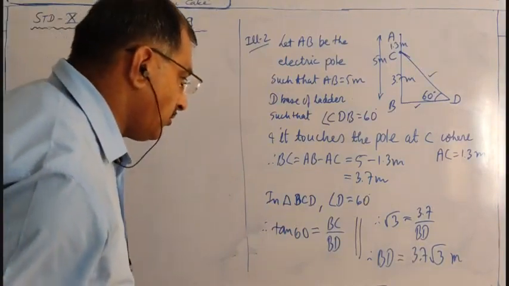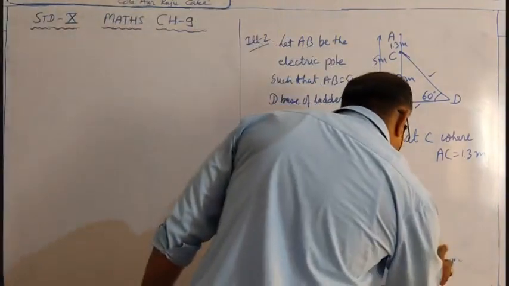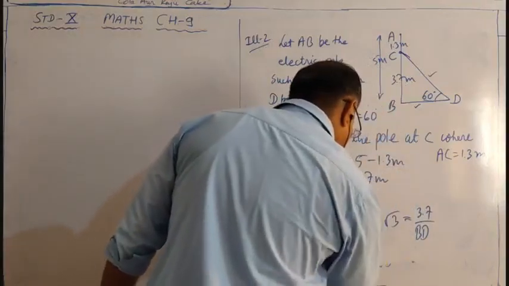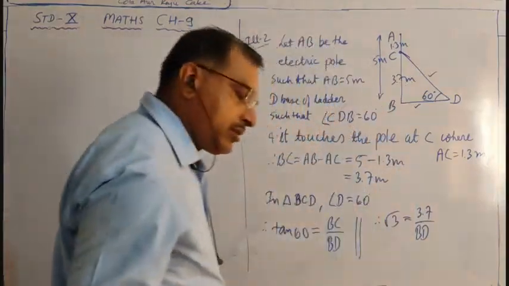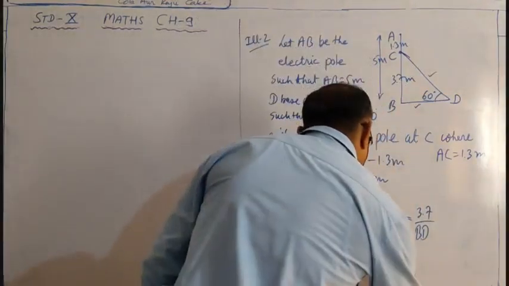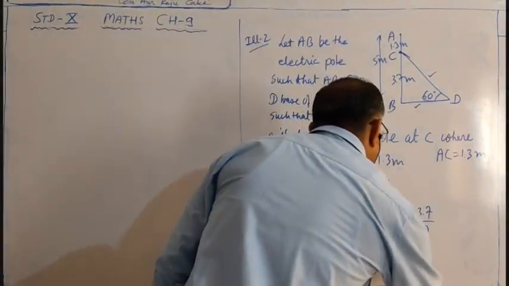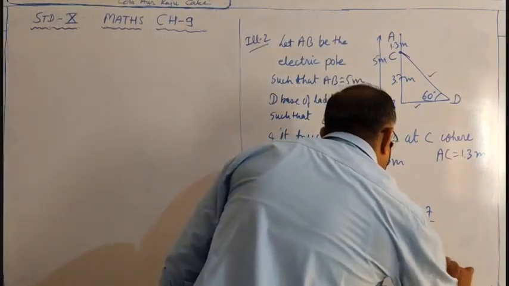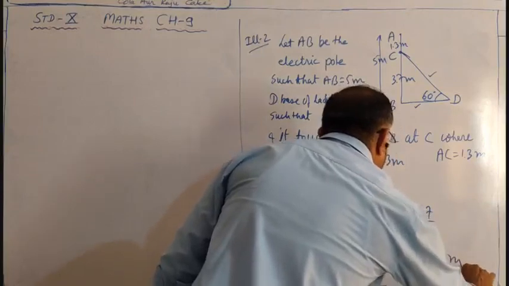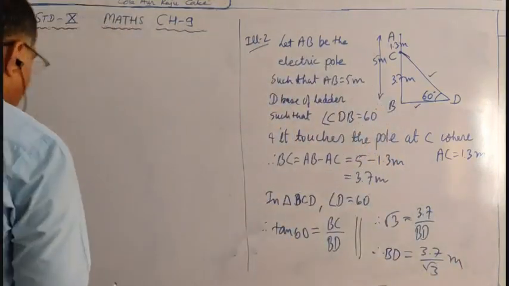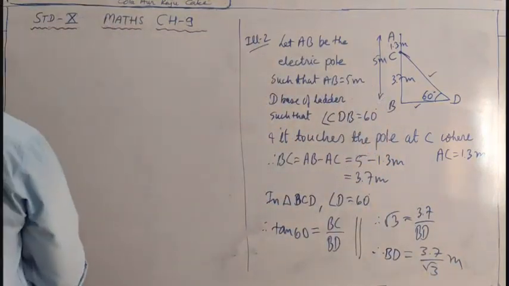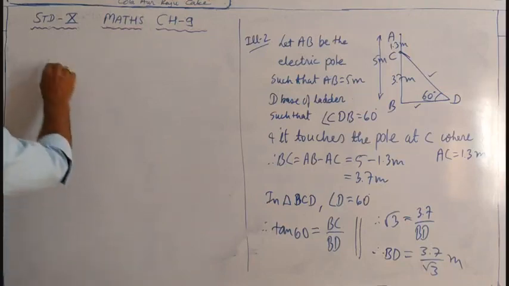Here BD is equal to 3.7 divided by root 3 meter. Now we can calculate root 3 here.